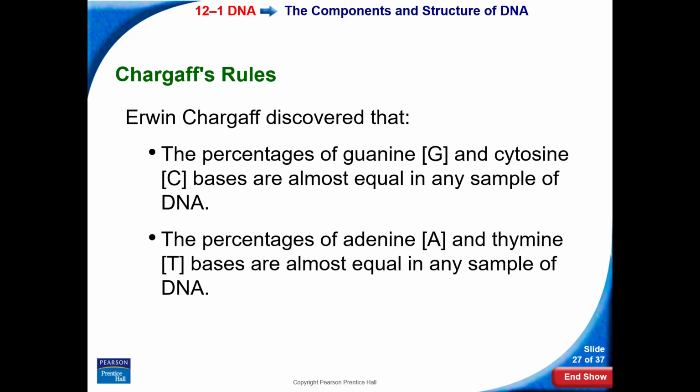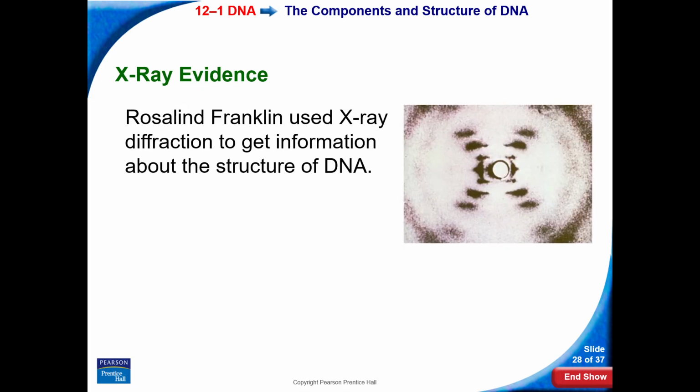So what this gave Watson and Crick is a clue as to how the molecules fit together in the DNA model. Where they found a guanine, they would also find a cytosine, and where they found an adenine, they'd find a thymine. Adenine never bonds with anything other than thymine, and guanine never bonds with anything other than cytosine. So that's a very important clue as to how the structure of DNA is going to be put together.